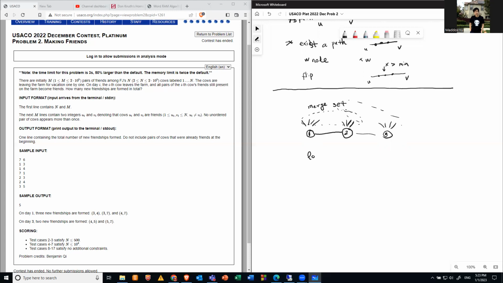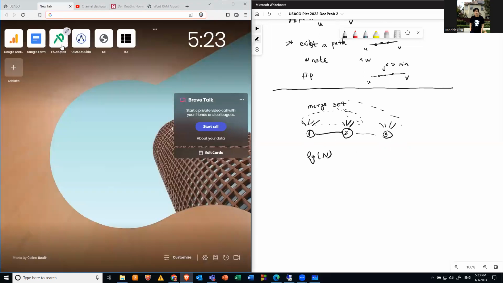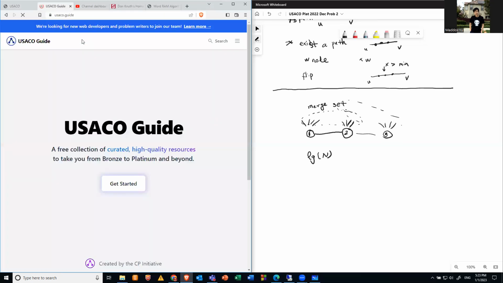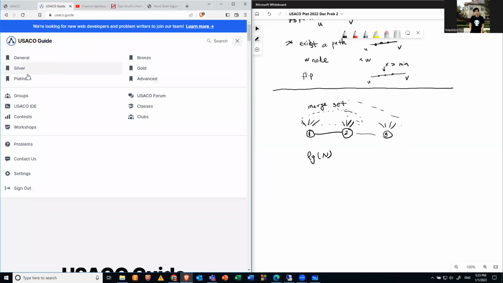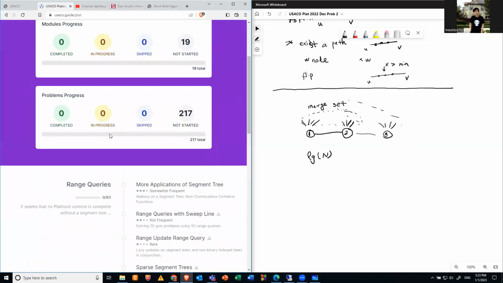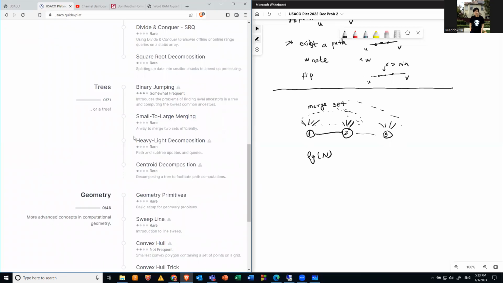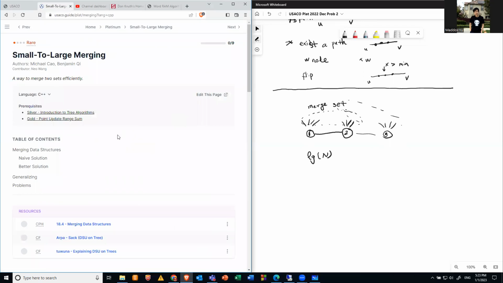The only thing you need to care about is when you merge sets, remember you need to do small to large, right? In order to do the log n merge. Remember in the USACO guide, in the Platinum level, we talked about small to large merge, right? The way to merge two sets effectively.